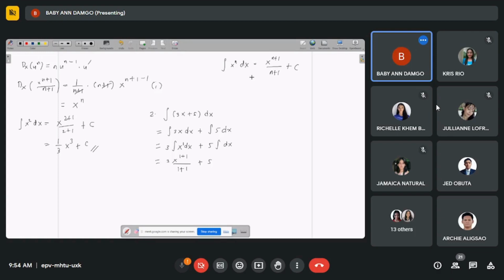Okay, very good. It's x plus c. Okay, remember ha, if yc, it's wrong. So simplify, we have this is equal to 3 halves x squared plus 5x plus c. So this is the final answer.